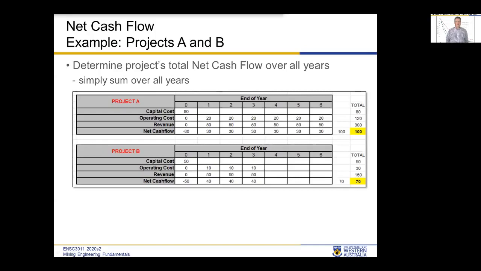If you add minus 80 plus 30, 30, 30, 30, 30, we get 100. I've actually, as a check, added horizontally across for each of these, then added vertically, so I can make sure I haven't missed anything. So we get net cash flow, this one 100 and this one 70. So project A looks better.